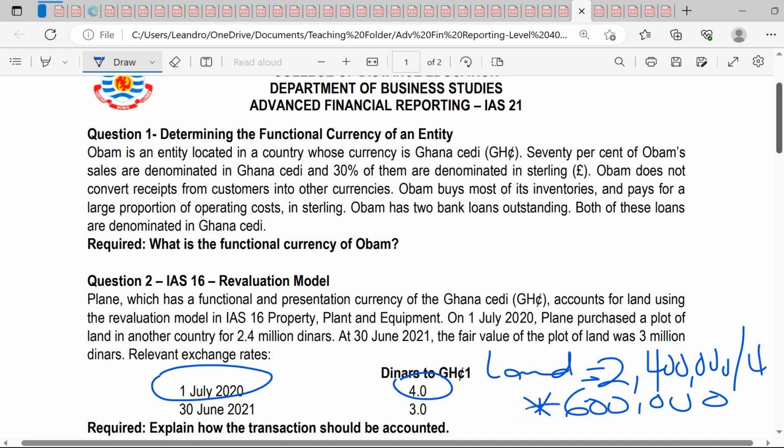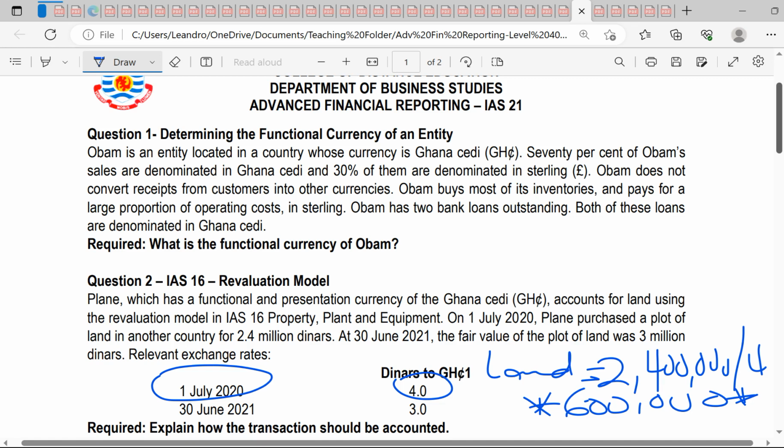So this is the figure we use for the double entry. So in terms of double entry, we will debit PPE 600,000 and credit cash 600,000. Here we were not told that it was bought on credit, so let's just assume that it was cash. Even if it's payable, you just know that your payable will be translated at the end of the year using the closing rate. That's fine.